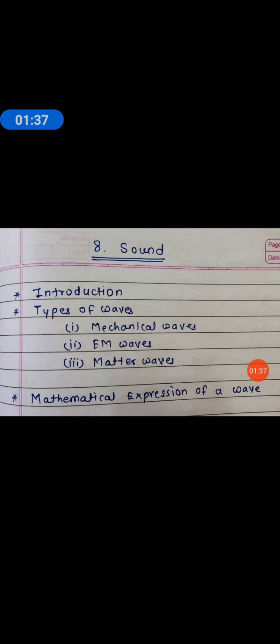That means the particles of the medium vibrate at their positions about the mean position. They do not cause any flow of material. Okay, this is the wave.